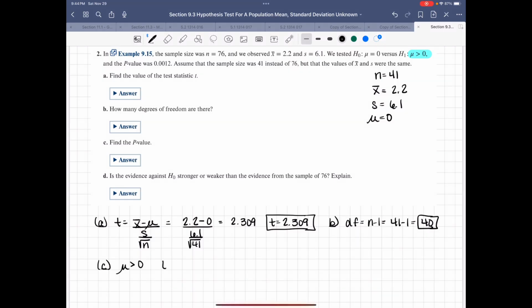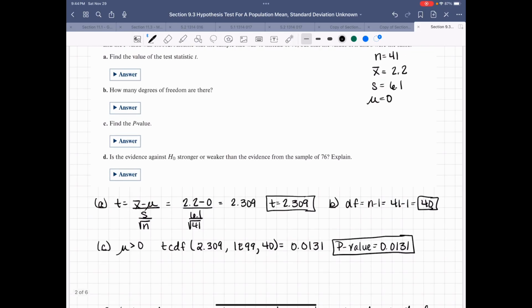So this is going to give me T CDF of, we're going to the right, so that's going to be 2.309, comma 1E99, comma those degrees of freedom are 40. When I put that in the calculator, I should be getting 0.0131. So I have a p-value equal to 0.0131.